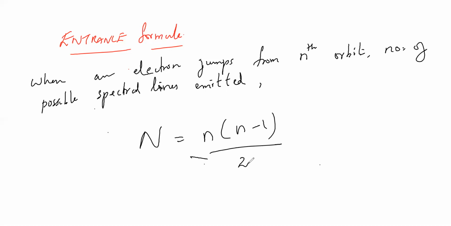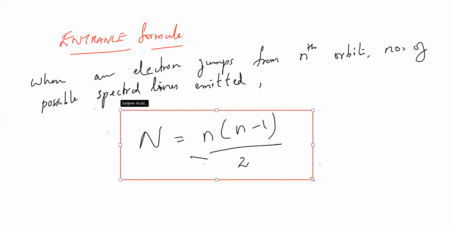So this they will ask, what is the number of spectral lines, in your examination. N is equal to n into n minus 1 by 2. That's it. Simple thing.